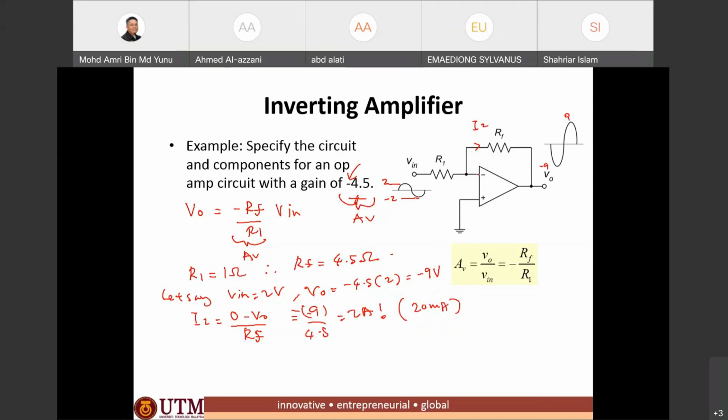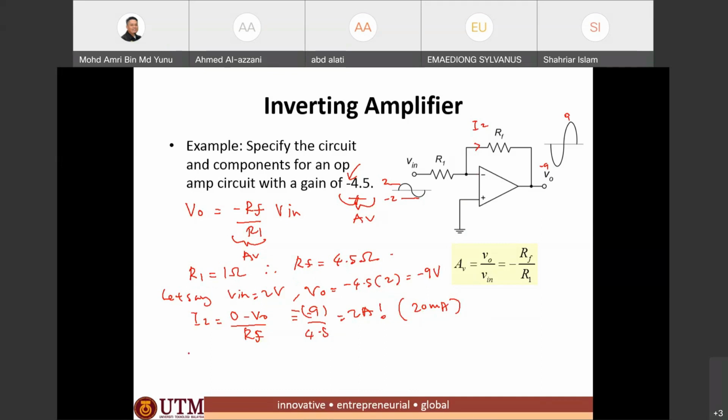The amplifier will not be able to provide I2 equivalent to 2 ampere. If we still use this combination of R1 and RF, the op amp will be overloaded and malfunctioning. So we need to find higher values of R1 and RF.